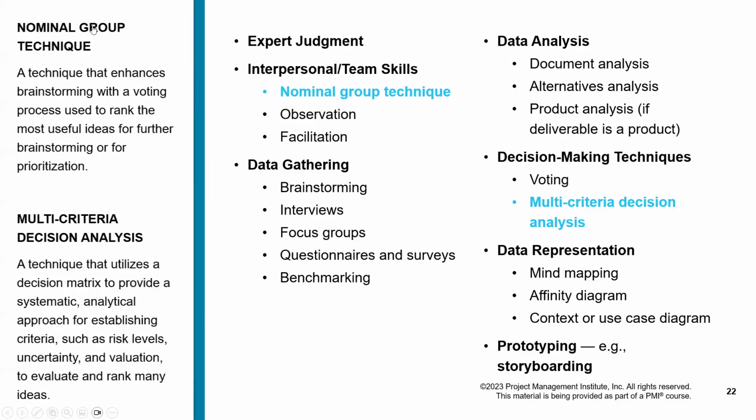Look here. Nominal group technique enhances brainstorming with a voting process. There is a team. Team votes for the most appropriate method, right? It is gained through consensus, and every person carries a vote.